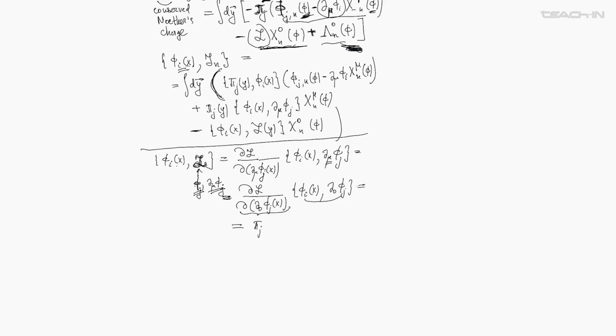Then I am supposed to apply the Leibniz rule, right? And how would you do it if you know that the bracket acts on any function on a phase space in the same way as differentiation?